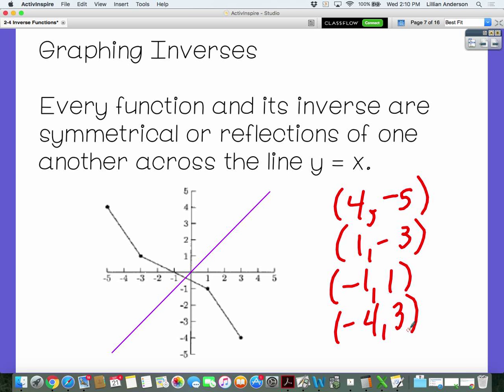So when I plot them, I think I accidentally cut off -5 on the other paper, so I apologize. And I connect them.